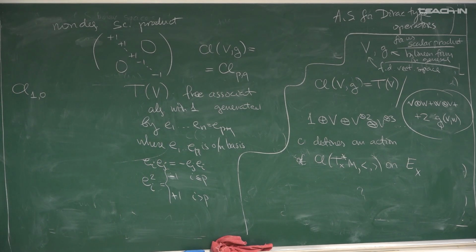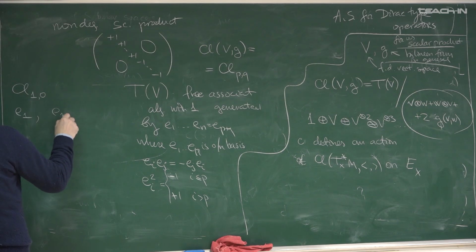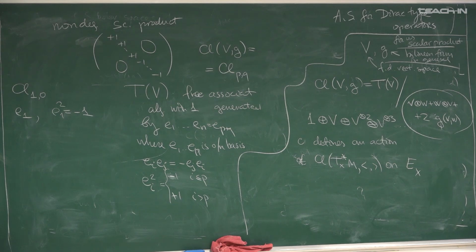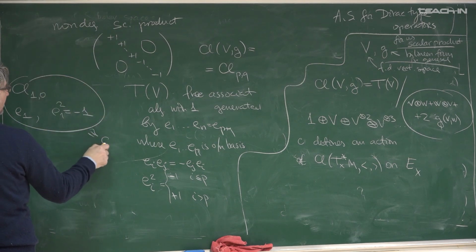The question, what is Clifford 1,0? It has one generator, yes? And what is the relation? Guess who it is? It's complex numbers.